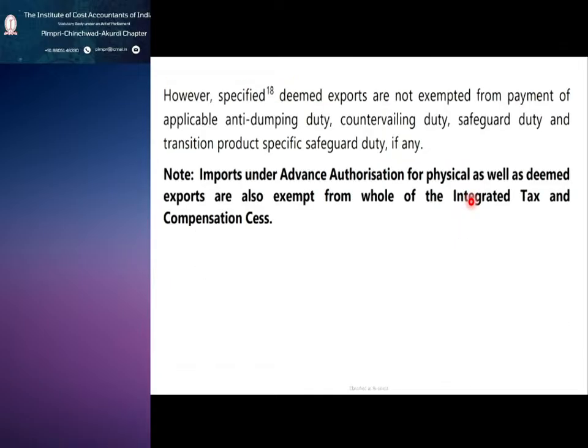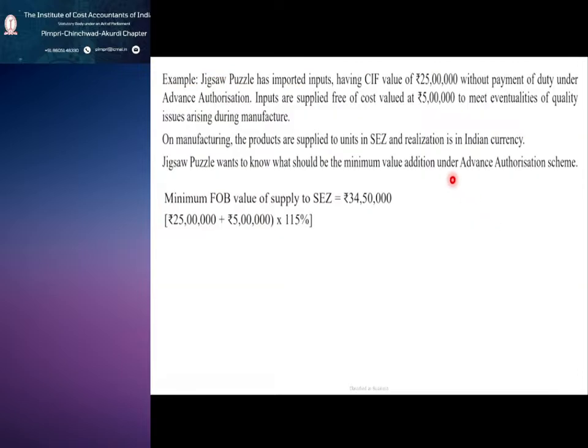And in the similar example here, they have given the value 5 lakhs. But in the real scenario, sometimes you don't know the cost of the FOC basis which you imported. So they put some notional value and then they derive your export obligation.